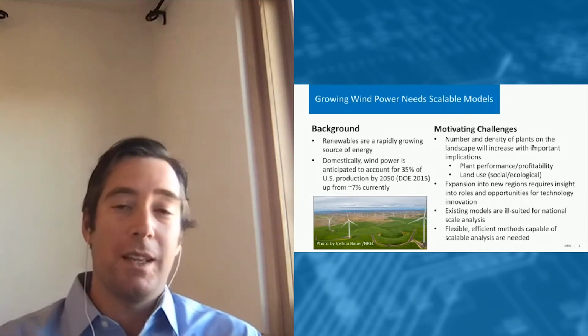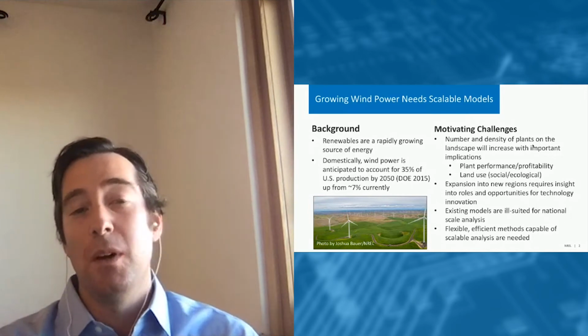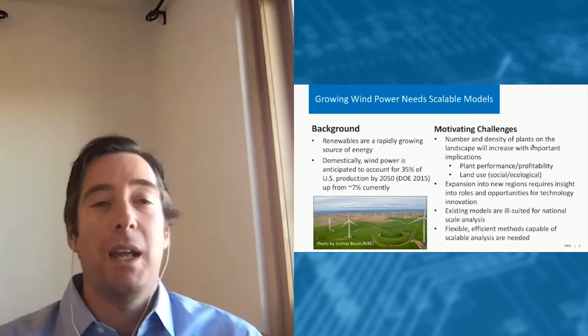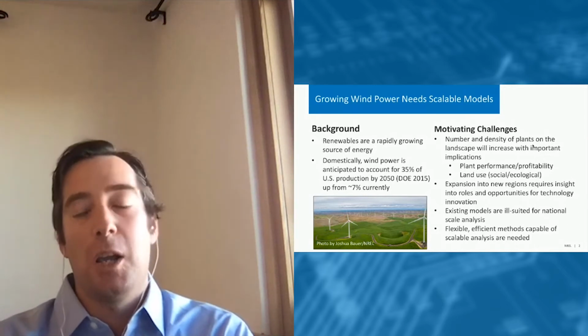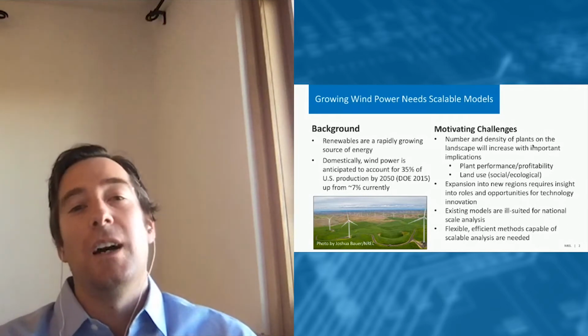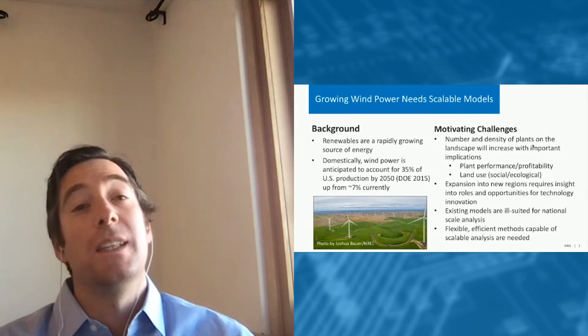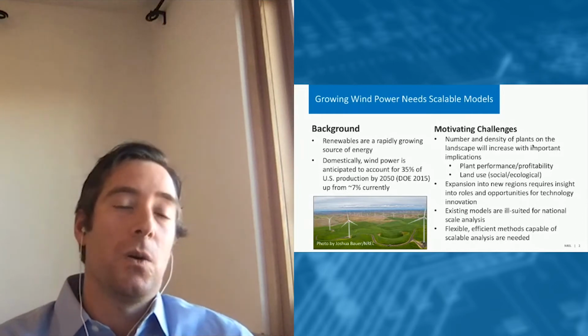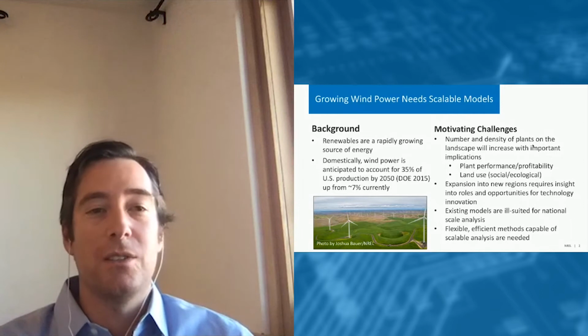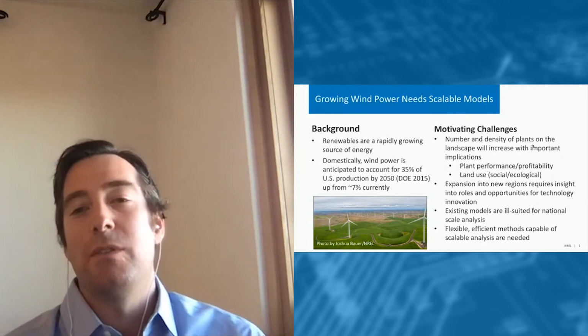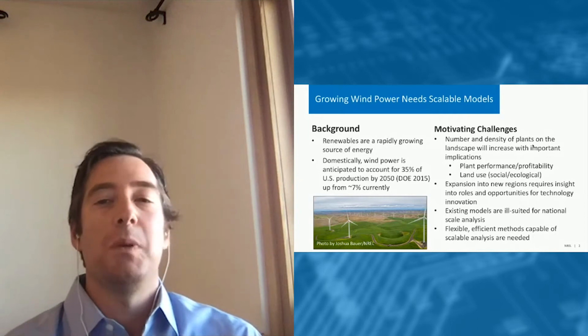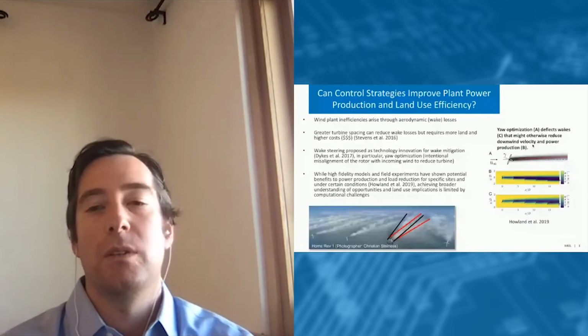So if there's a turbine that's located directly downstream of another turbine, depending on the speed that wind is incoming, it could potentially result in loss of production to the downwind turbine. And so to address those concerns, a technology innovation that's referred to as wake steering has been proposed as a potential solution.